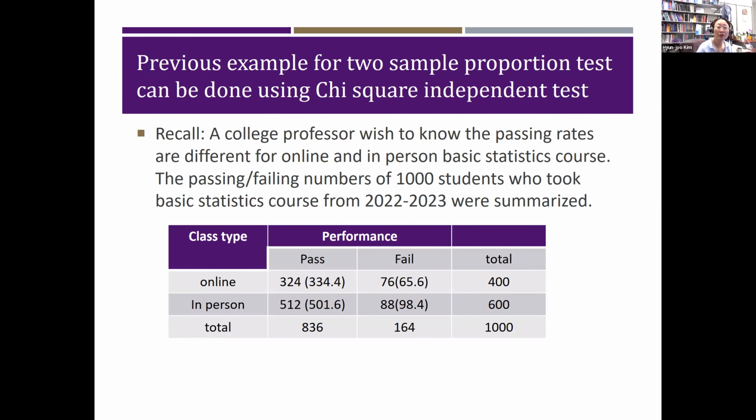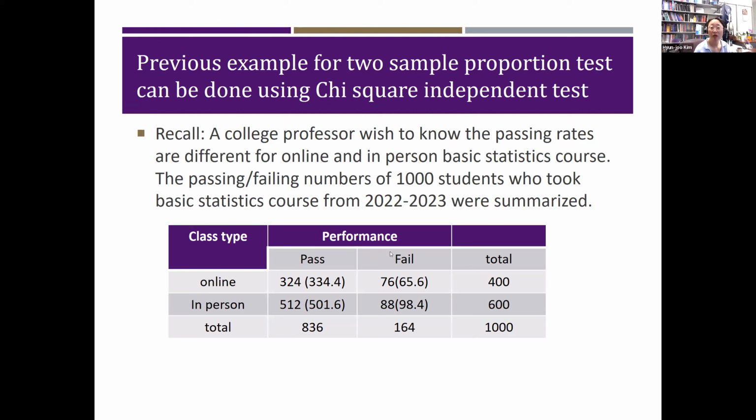We recall the previous example we looked at for the two-sample proportion test. This is the simplest two categorical variable case, having a 2 by 2 contingency table. Each of the 4 numbers in the middle is an observed value, and expected values can be calculated assuming there is no association between the two variables.